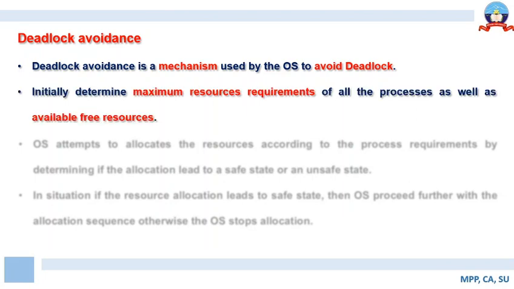The operating system initially determines the maximum resource requirement of all the processes, and it also determines information regarding available free resources.